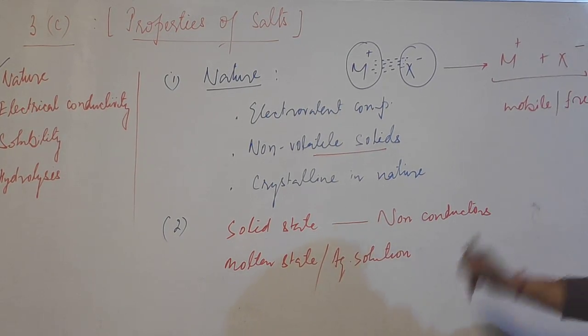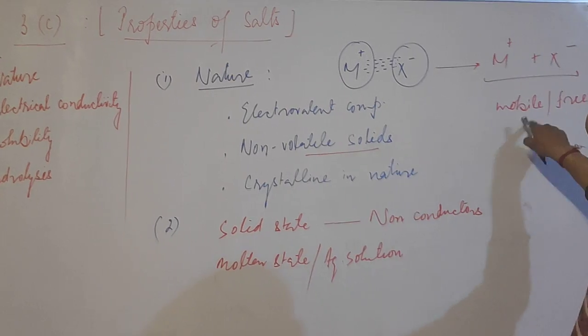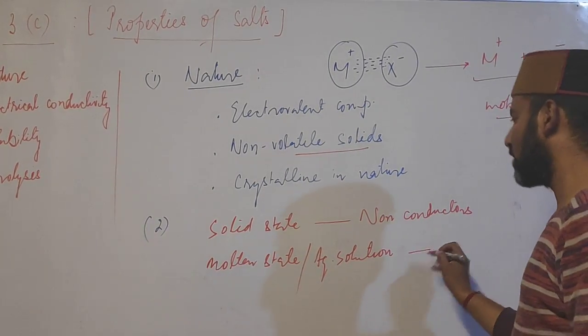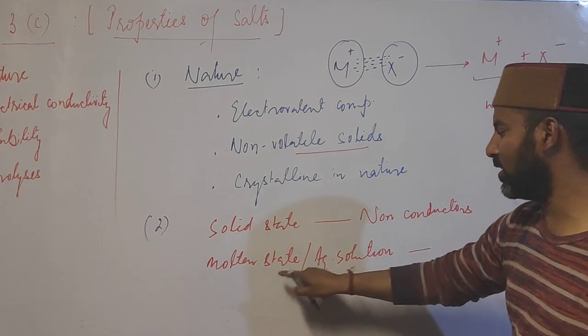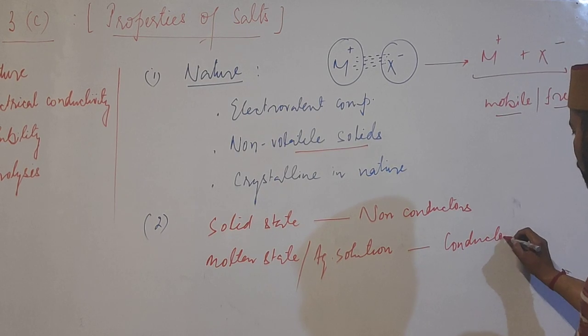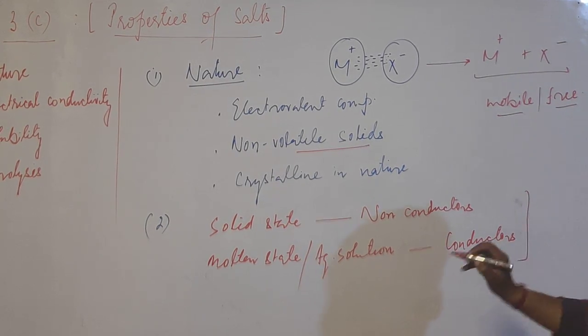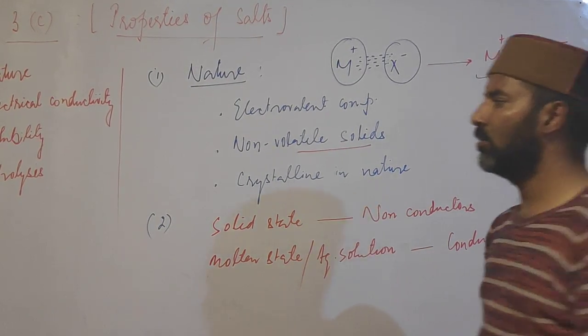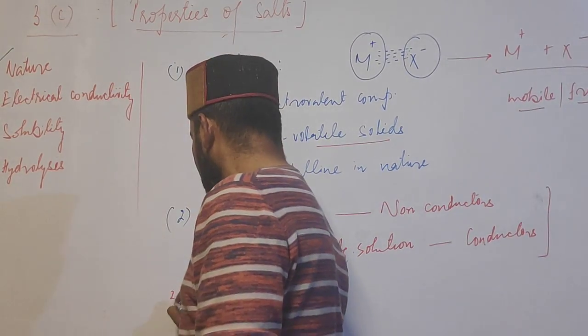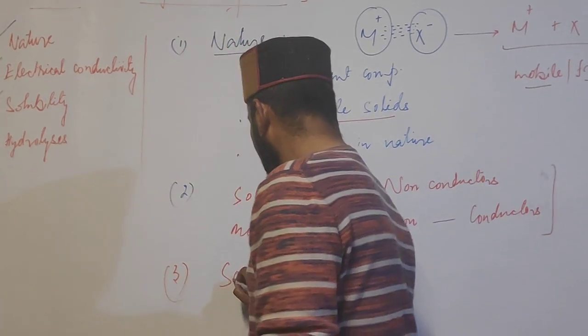So in molten state or aqueous solutions, ions are free and mobile, and therefore we say that salts conduct electricity in molten state or aqueous solution. So in molten or aqueous solution they behave as conductors. Now students, third property of salts is their solubility.